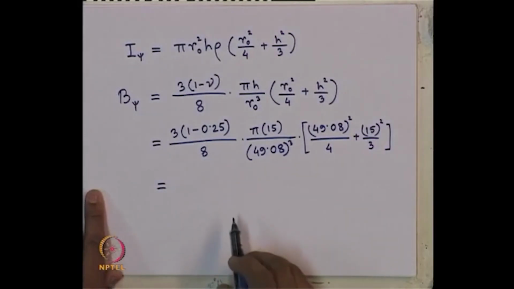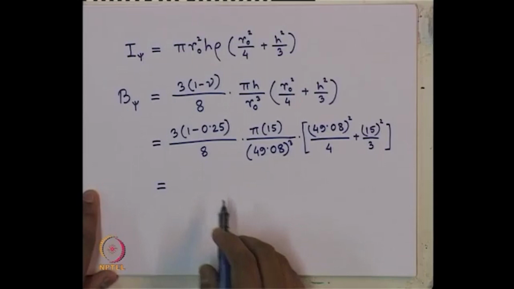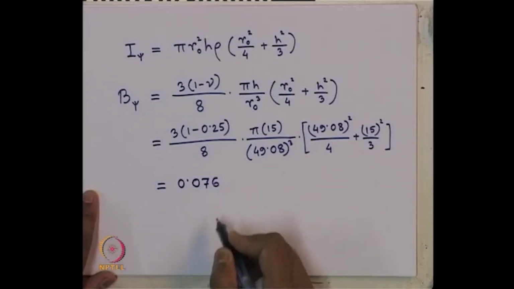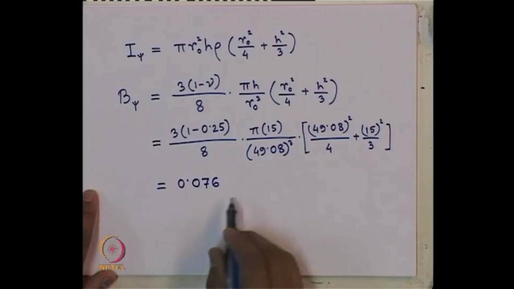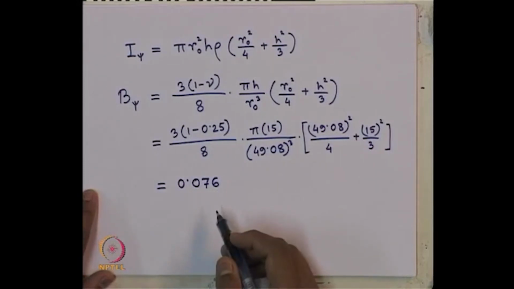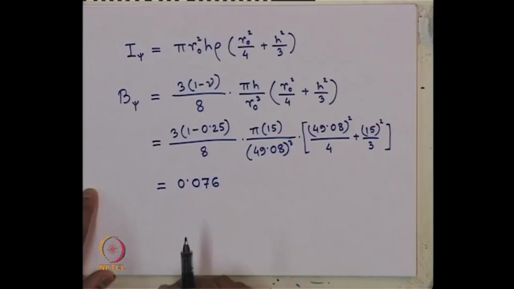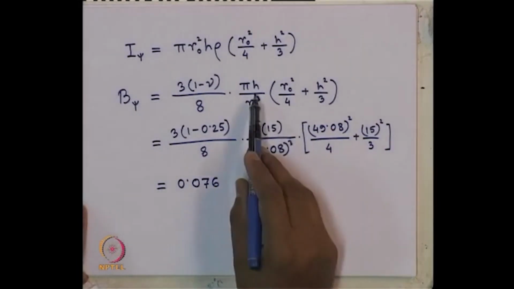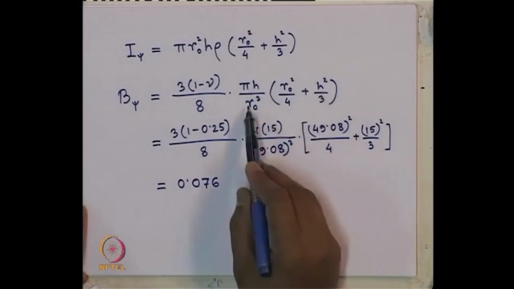How much is the value? We are getting 0.076. Am I right? What is the unit? No unit. This is mass ratio. So, obviously, it will not have any unit. So, you can cross check: actually centimeter, centimeter square, centimeter cube.